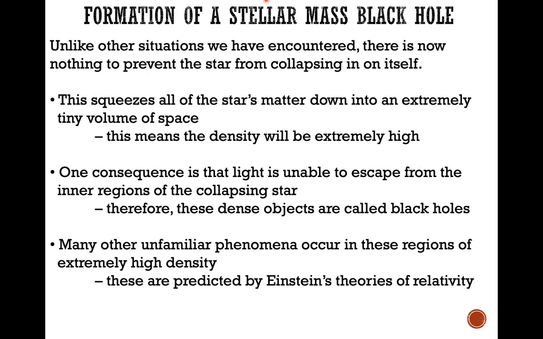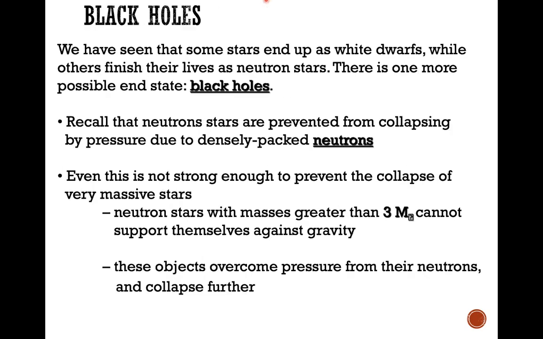I hope everyone is clear up to now about black holes and how a black hole is formed. This is just one stage, and in fact the final stage, that a very heavy star can have.